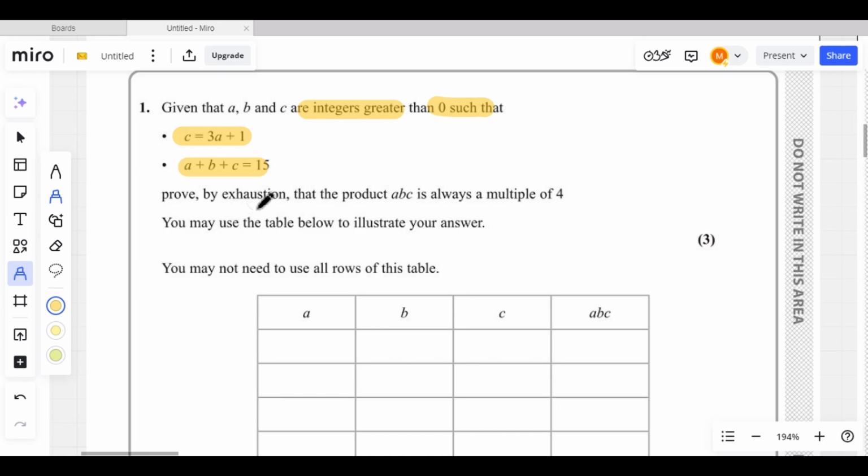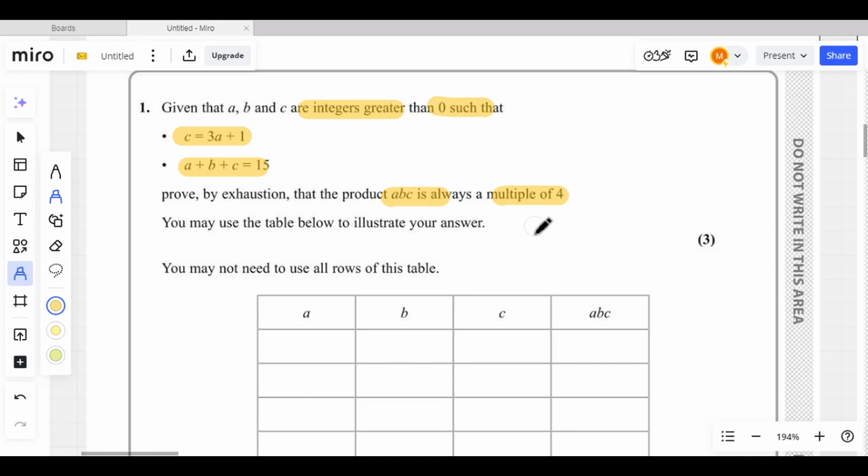The given statement, look, they have said what you need to prove here, that the product ABC is always a multiple of 4. So the product of ABC is a multiple of 4. You need to show that in each and every single case this given statement is true. This is proof by exhaustion.